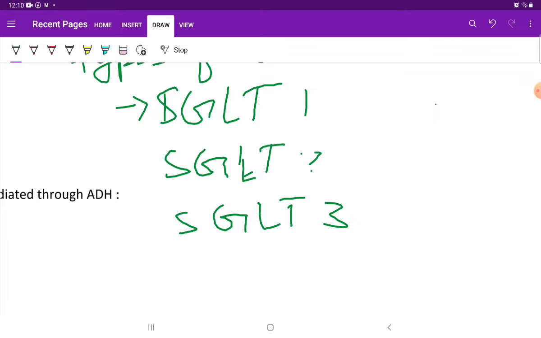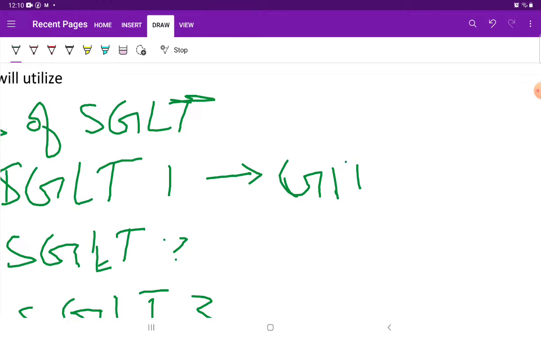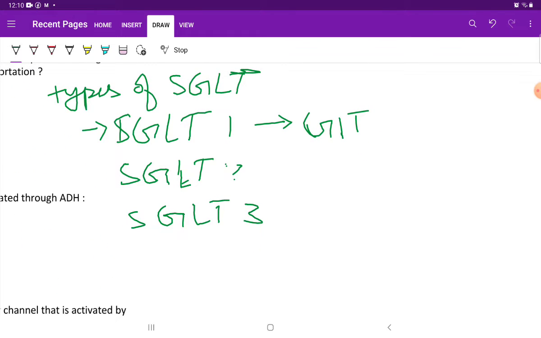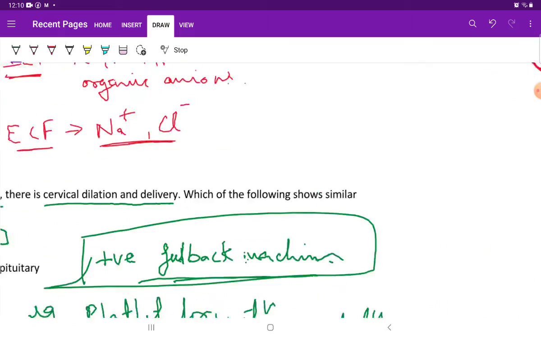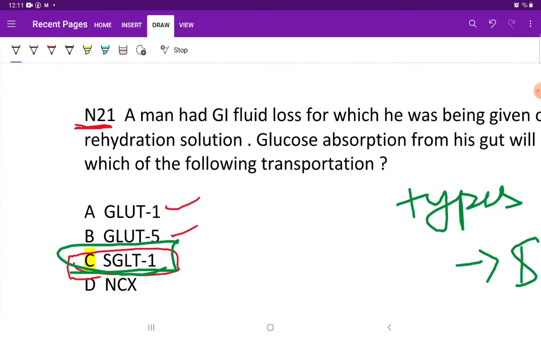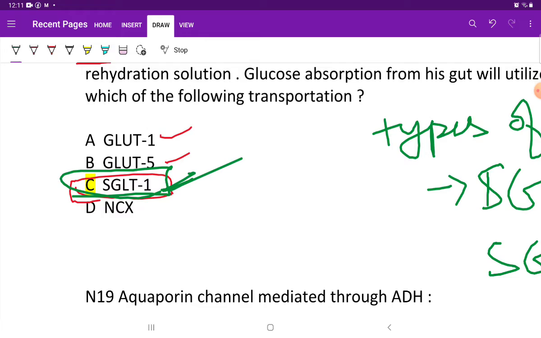Okay, now the first type, SGLT1, just helps in glucose transport in GIT. But in case of SGLT2 and 3, these help in glucose transport in the other one, the kidney. Okay, so the answer is SGLT1.